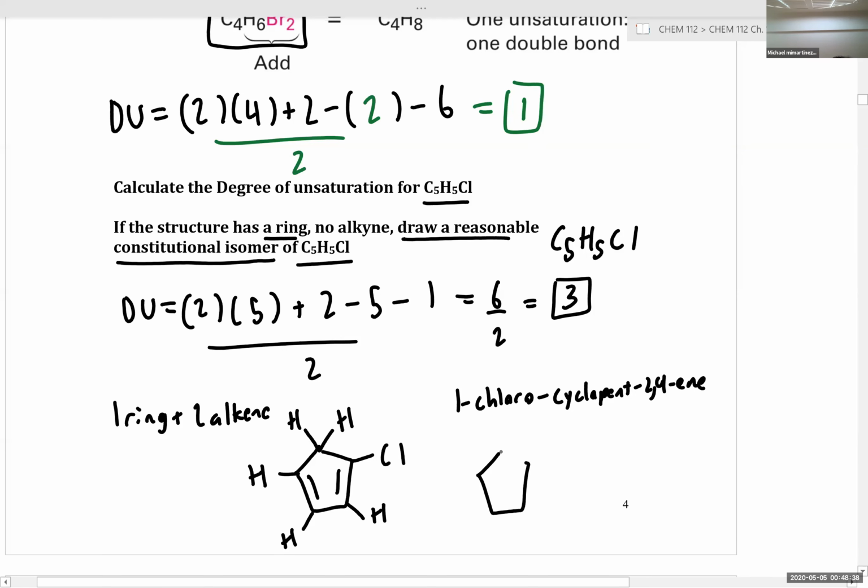Okay, so following this naming convention, we want the chlorine at the lowest carbon locant number position. So on our first alkene, for this name, it would probably be 1,3-ene.